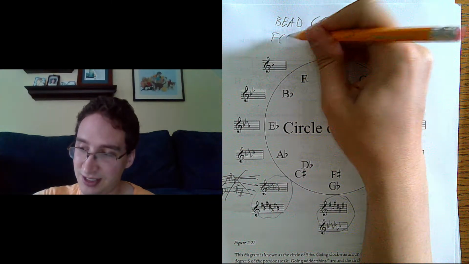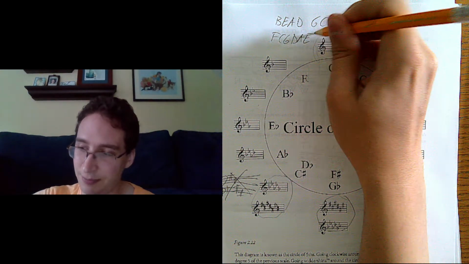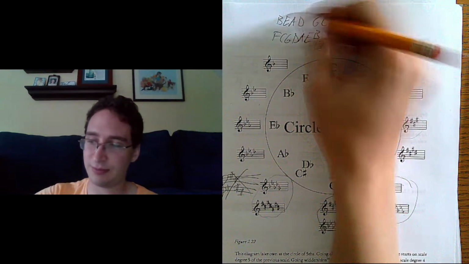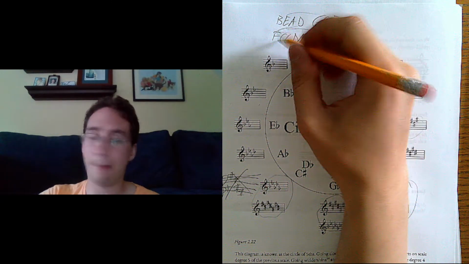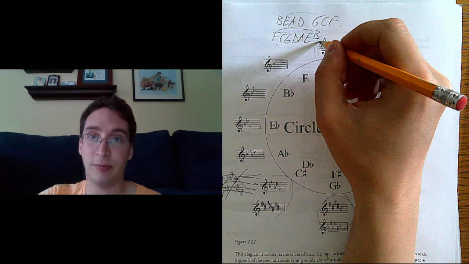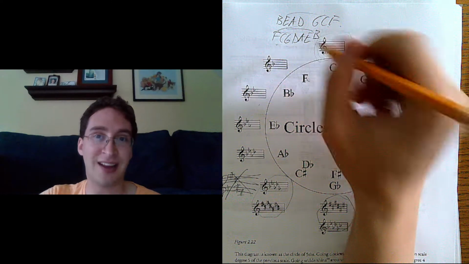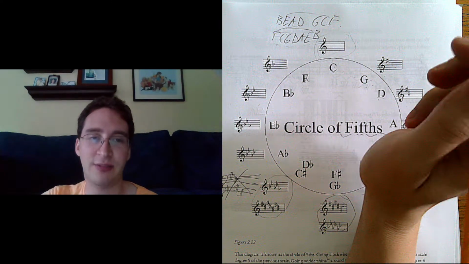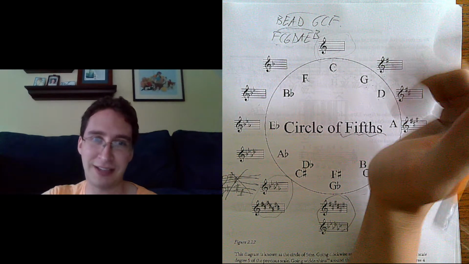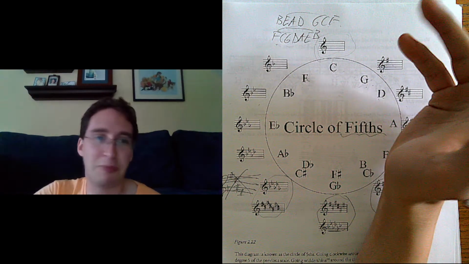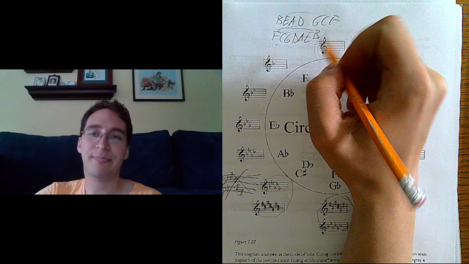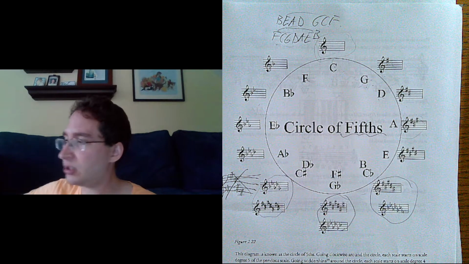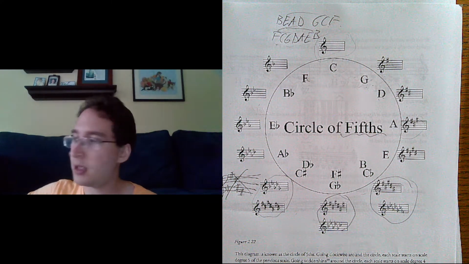So F, C, G, D, A, E, B. It's backwards and forwards. The phrase that I learned for this is fat cats go down alleys eating bread. Gives me a nice mental image of fat cats going down an alley and eating bread, because why not? But whatever mnemonic device works for you is totally fine.